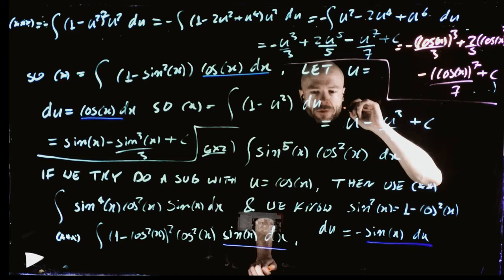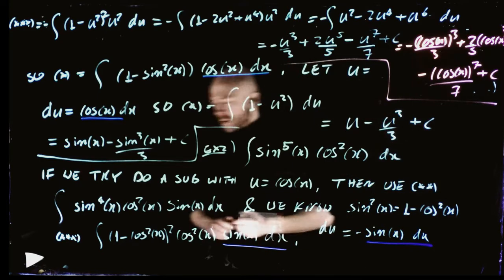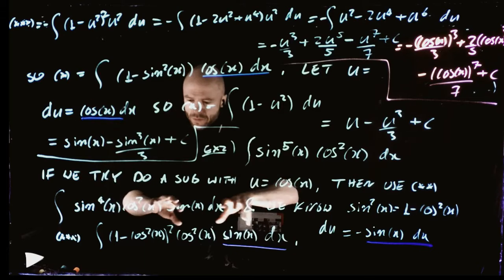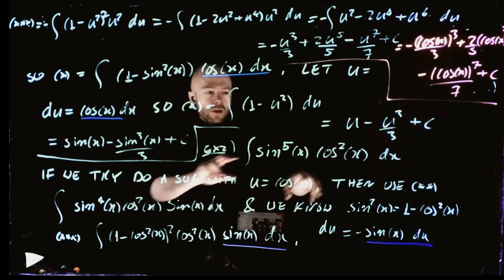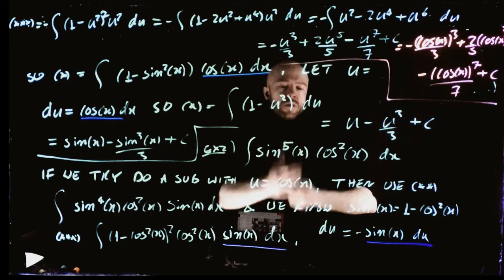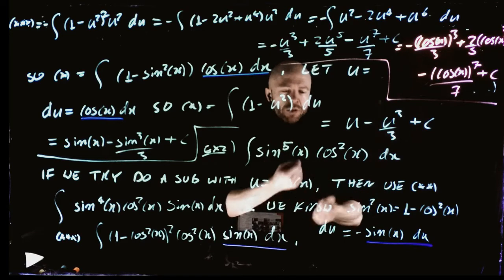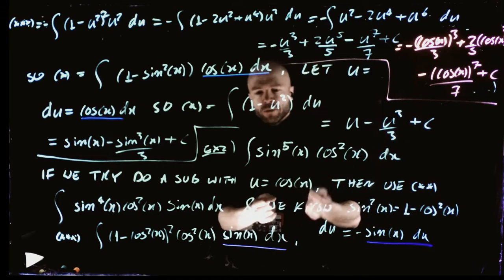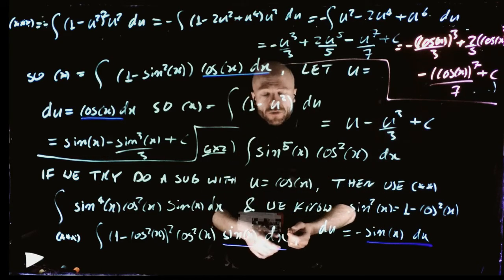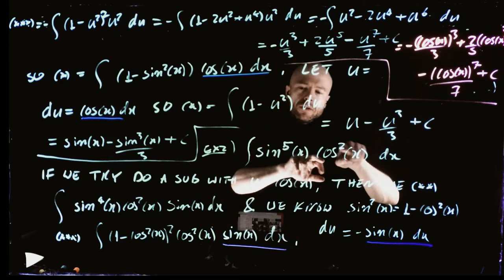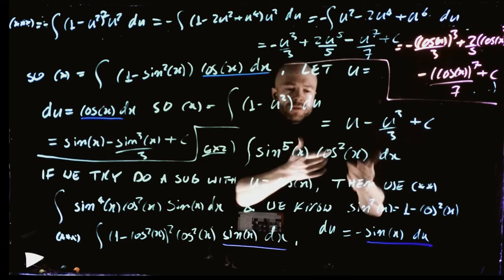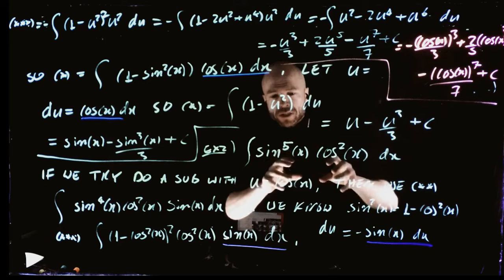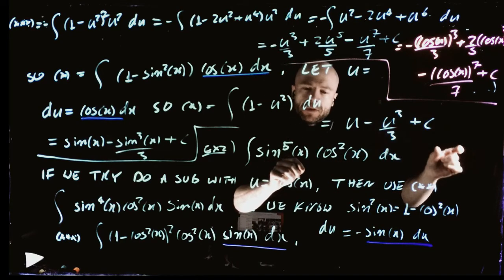Everybody happy? All right, so let's talk about the strategy. What did we do? We saw this expression right here. We have two things we can possibly do. We either are going to do a u sub with cosine, or we're going to u sub with sine. If we do a u sub with cosine, then we're going to have to turn as much of this expression as possible into cosine and try and have one sine left at the end.